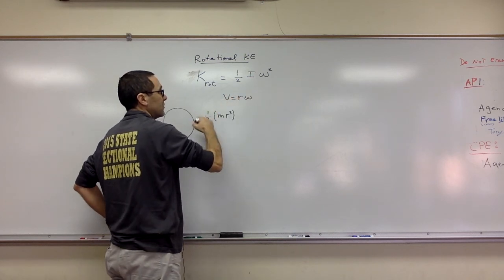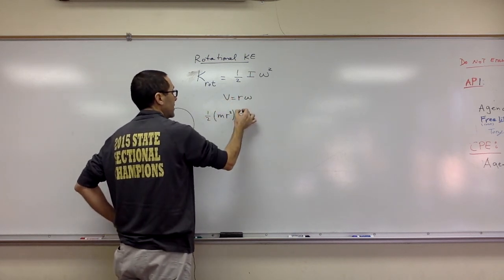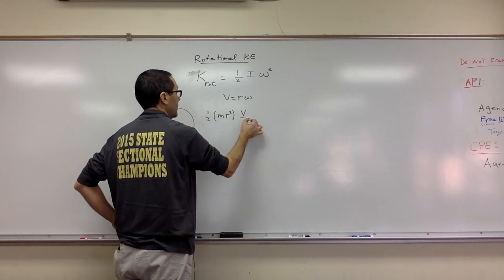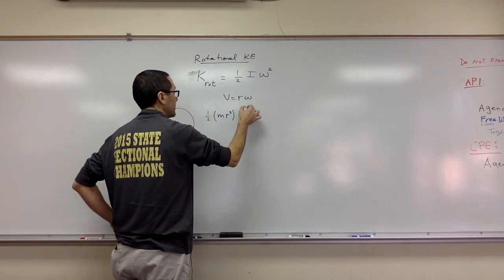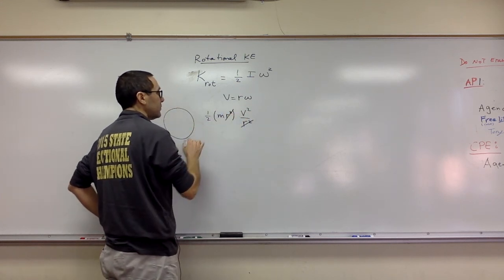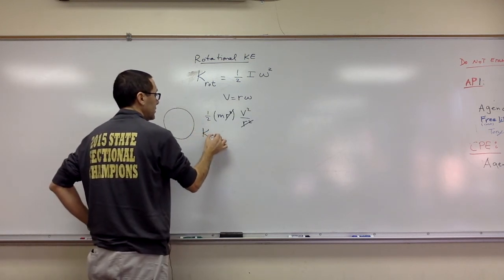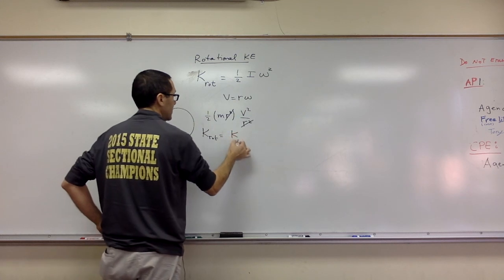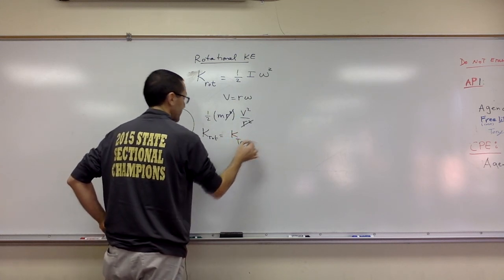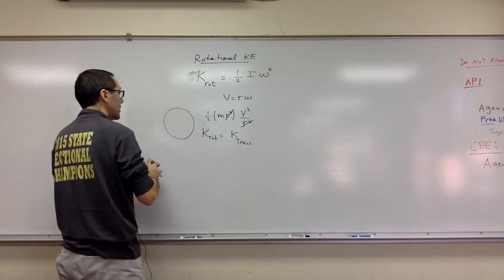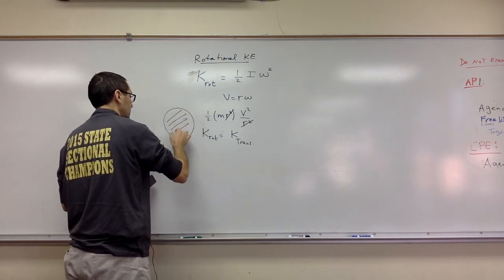This is the v for the center of mass. You can see that omega is v over r, and you have to square both, so the r squared is gone. So in here, you can see that K rotational is equal to K translational.